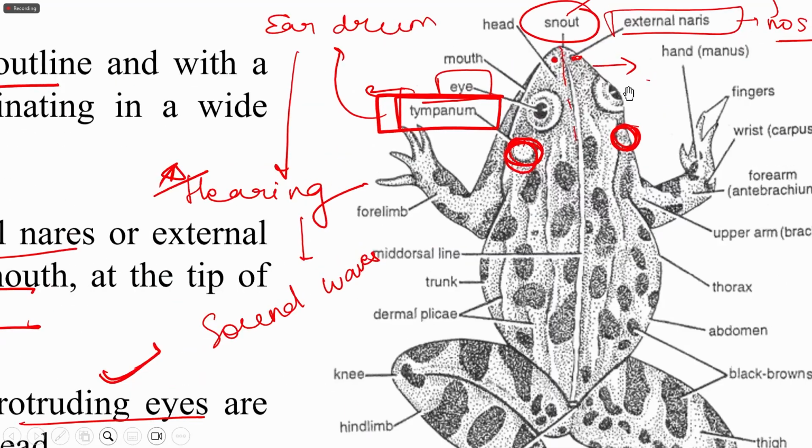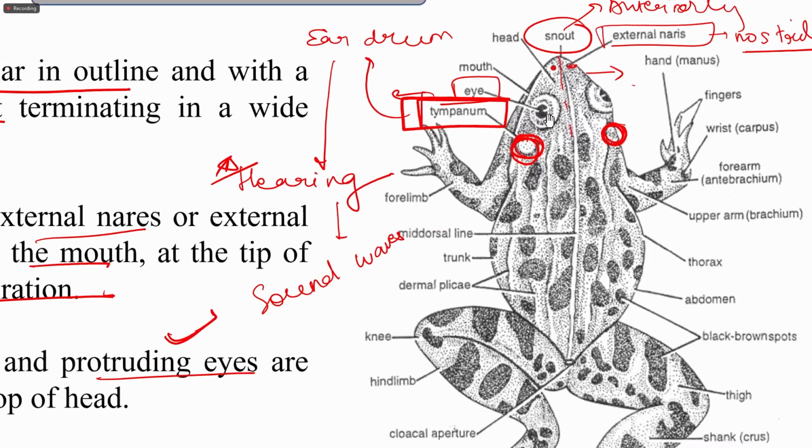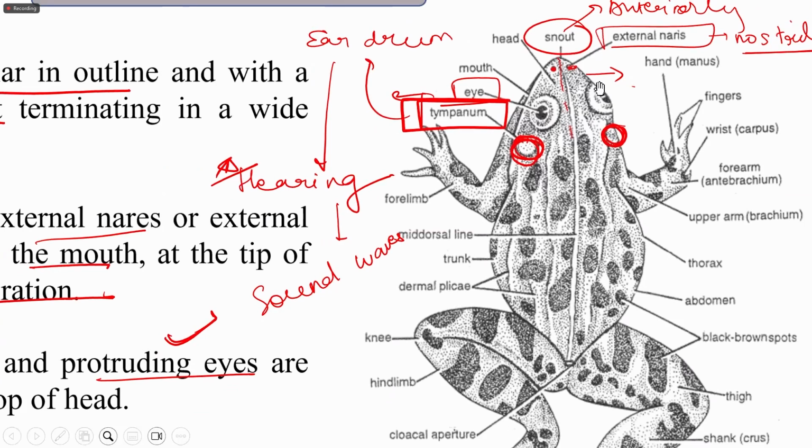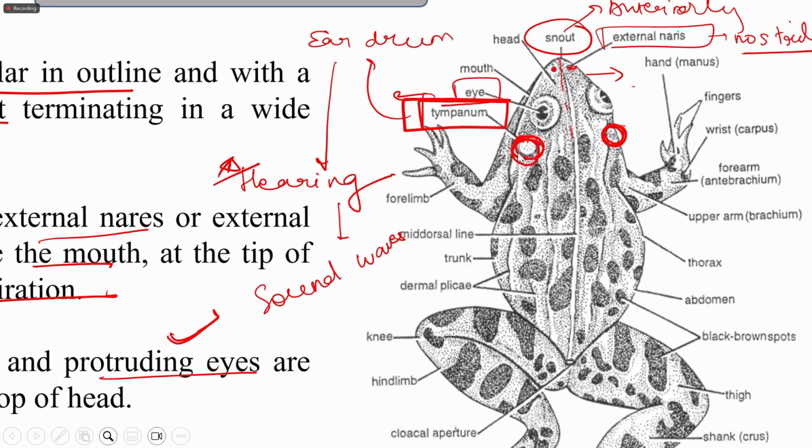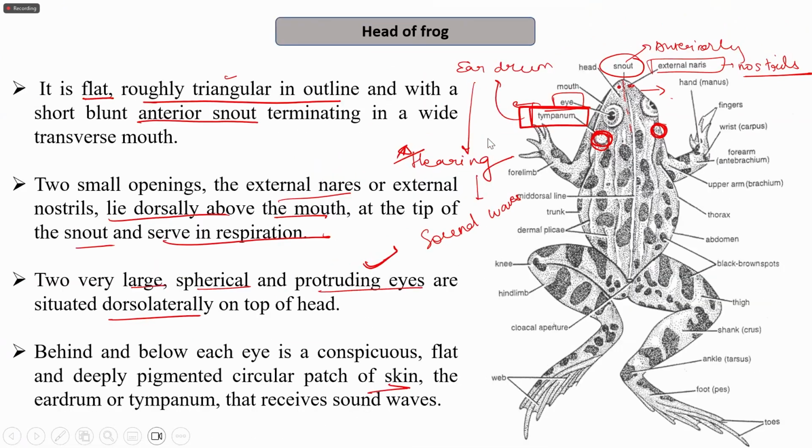They have two large protruding eyes that have three eyelids: upper, middle, and lower. The upper eyelid is immovable while the middle eyelid is movable, and the third eyelid is the nictitating membrane that prevents water entering the eyes during swimming. Then they have eardrums, the patch-colored structures known as the tympanum, which help in hearing.